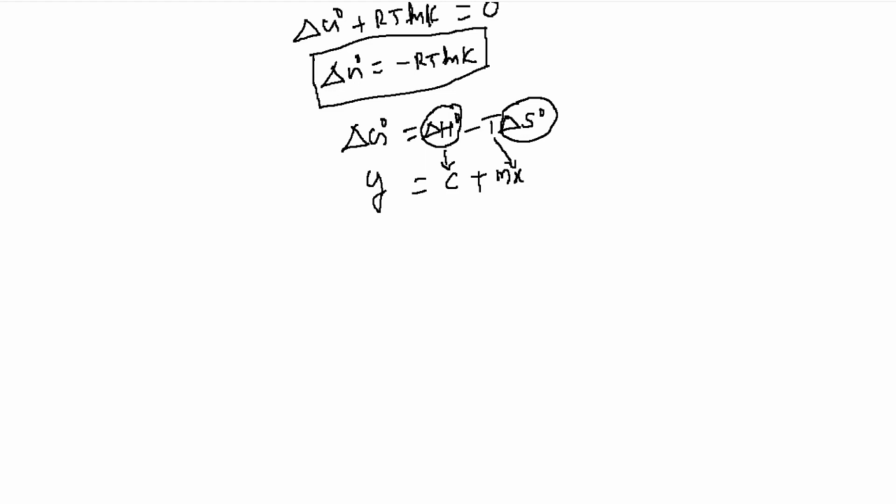So a plot of temperature versus delta G naught should be a straight line, because it looks like the straight line equation y is equal to mx plus c. By seeing this sign, we should not say that it has a negative slope. The sign of the slope depends on the delta S naught value also. This we can understand later.